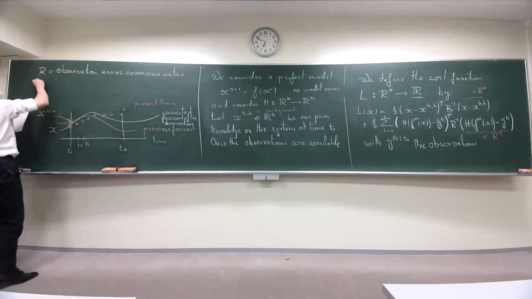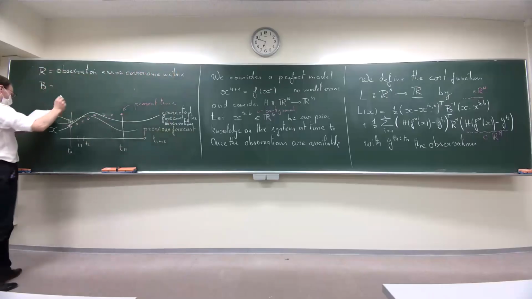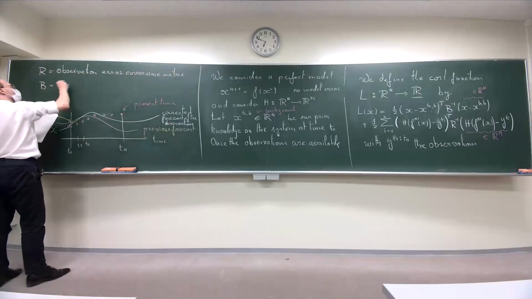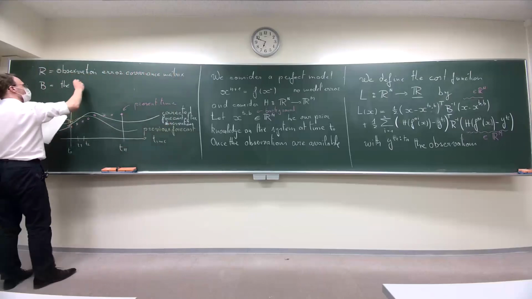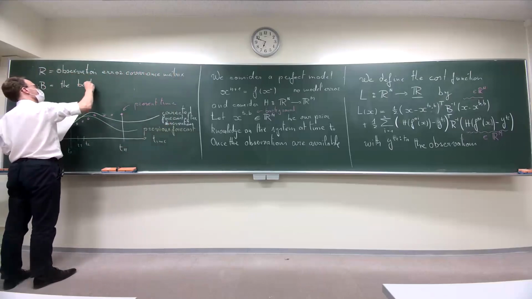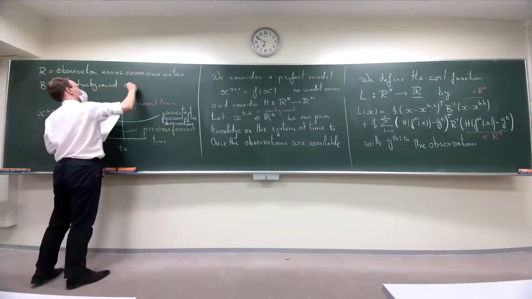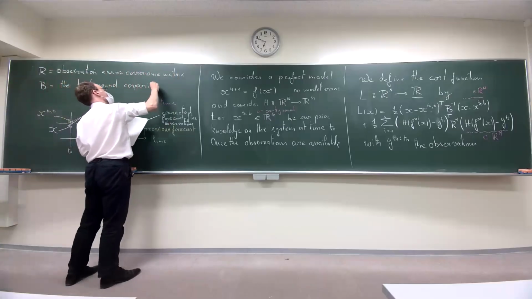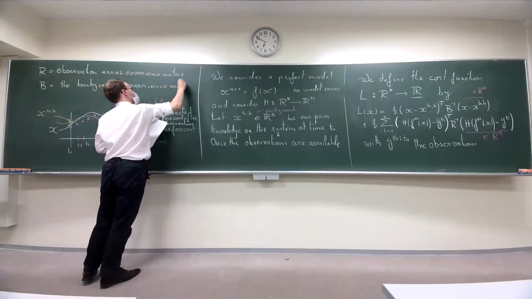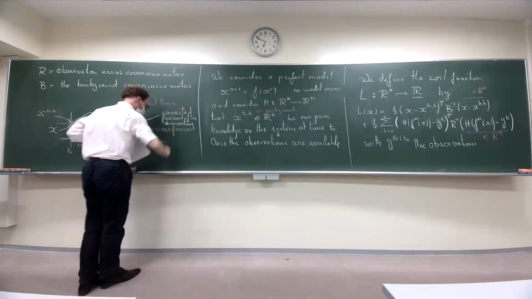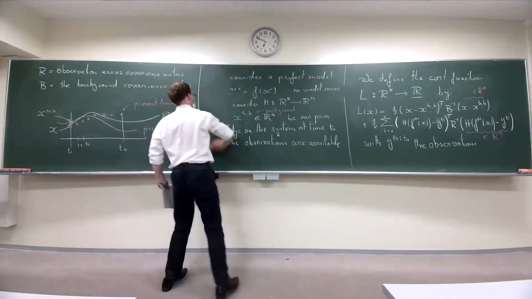And B is the background covariance matrix. And just make a remark.